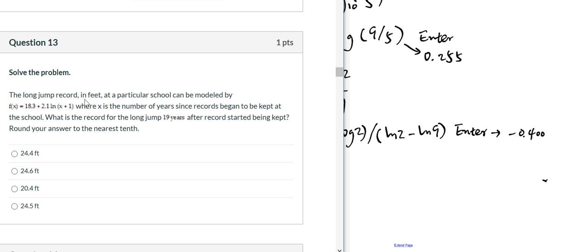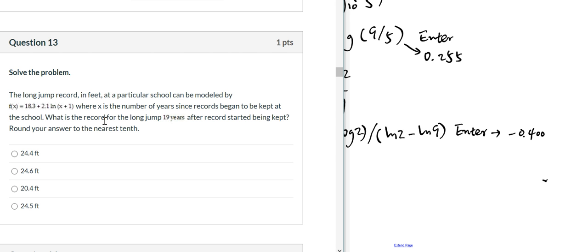This is the one. This one says that the long jump record in feet at a particular school can be modeled by this function, where x is the number of years since records began to be kept at the school.